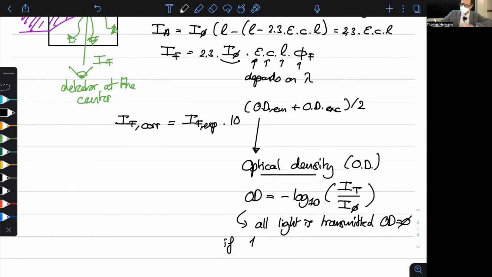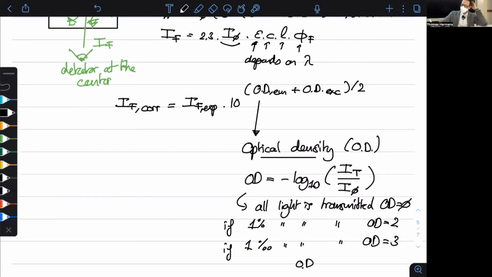Okay. If 1% of the light is transmitted, optical density is 2. If 1 per mil is transmitted, then optical density is 3. So typically in fluorescence, you want optical density below 0.1 or maybe even 0.05.